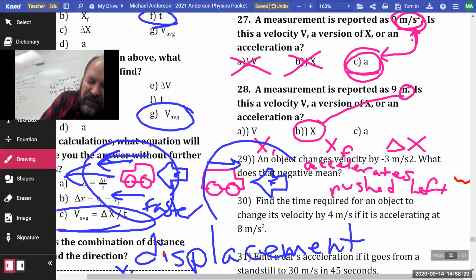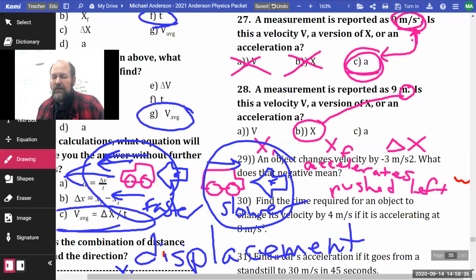In the other case, the negative force, the negative acceleration, means that it's going slower. So do not think that positive and negative accelerations mean faster or slower. No, no, no, no, no. It just means which way is it being pushed on in order to change the velocity.